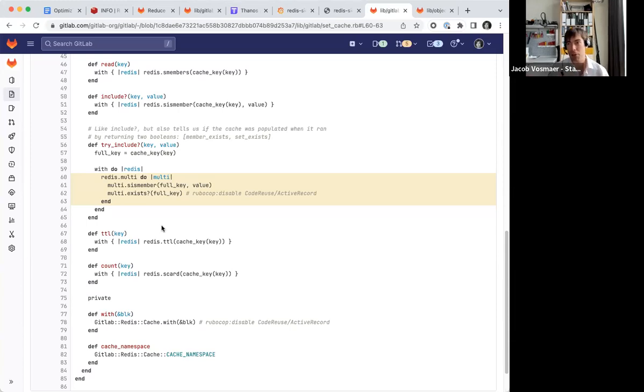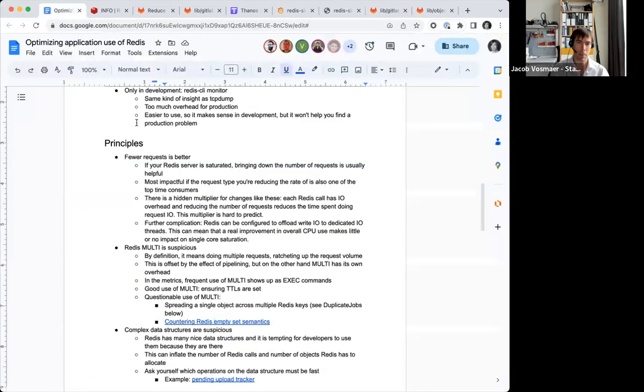It's just a thing Redis does, right? If you have sets or lists or hashes, once they become empty, you can no longer tell if they exist. Empty sets and empty lists don't exist in Redis. So if you want them to exist, you need to make sure they're not empty at the Redis level. That's a trick, and we don't call this often enough that I think it's worth it to optimize this. But to me, this is a use of multi that is not necessary.